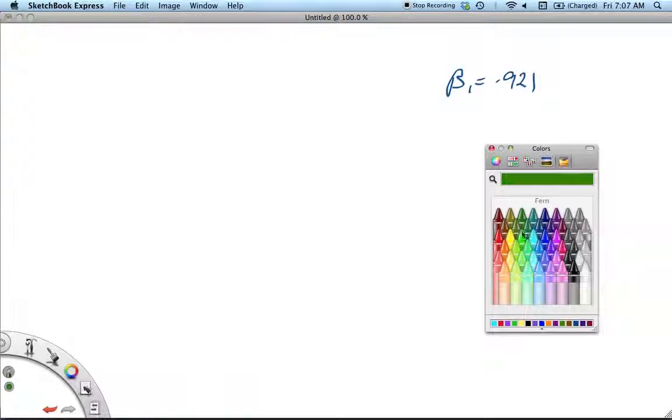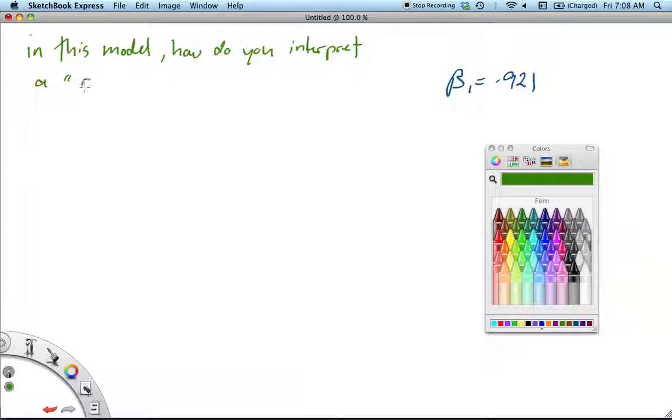Okay, I guess the question that remains to be answered is, okay, in this model, how do you interpret a 1-unit change in x?